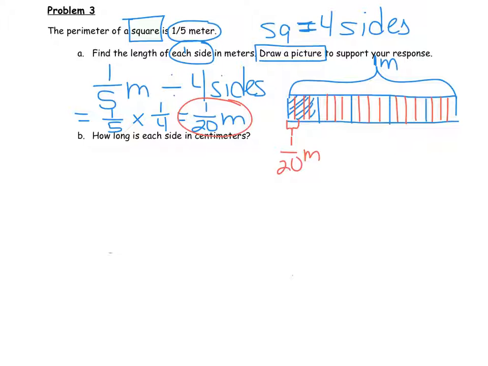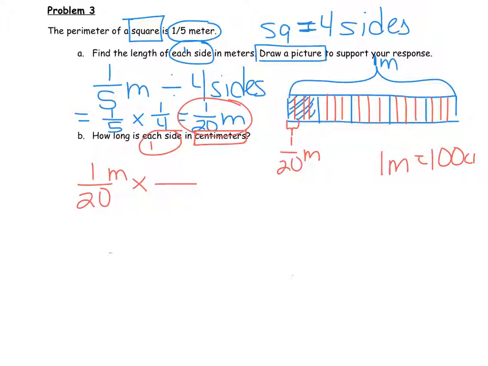So let's look at part B. How long is each side in centimeters? Oh, well, if I know 1/20th is meters, so remember 1 meter is equal to 100 centimeters.